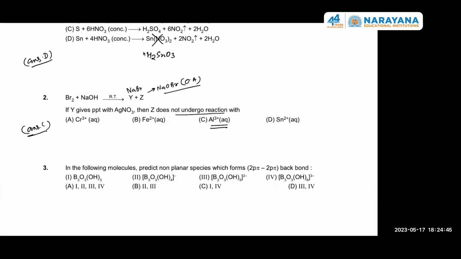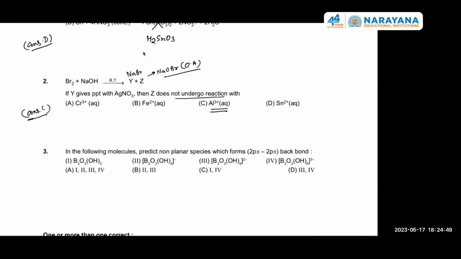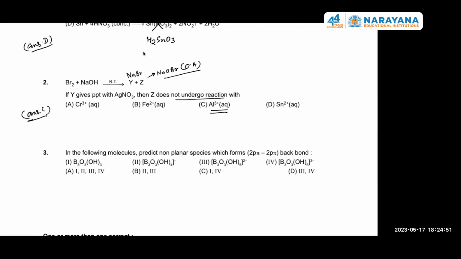See, first of all, the structure of this will be like B3O3(OH)3. It is the compound. We can draw it like this: BOB, BOB, and BOB, like this. And one OH is present at each boron.